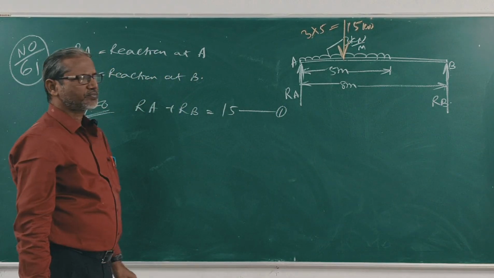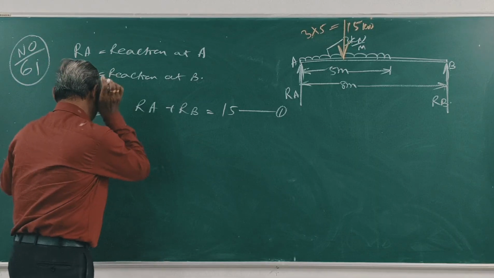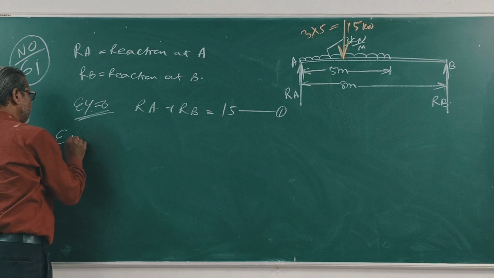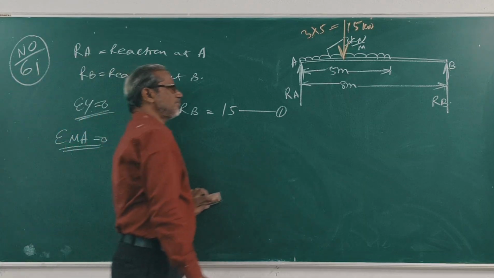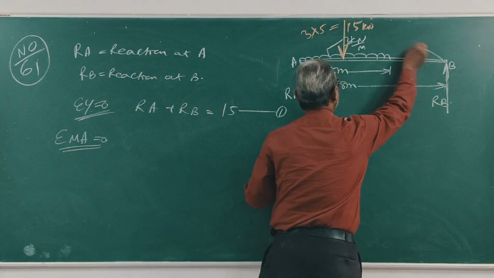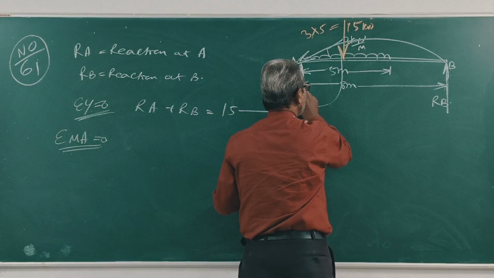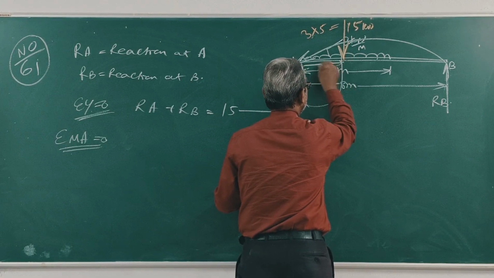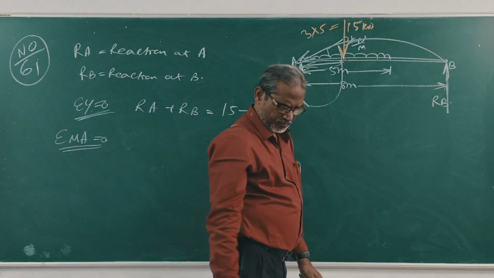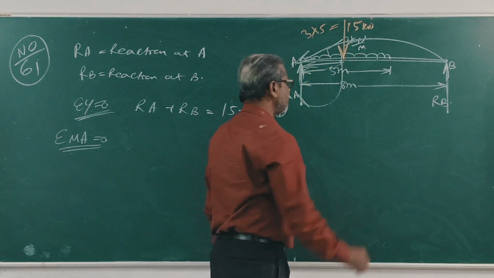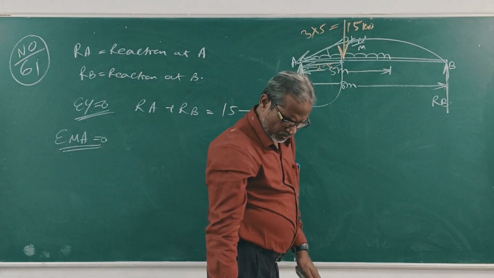This is equation 1. Take moment about A, sigma M is 0. Clear? RB into 8 is equal to 15 into 2.5. This is 2.5.